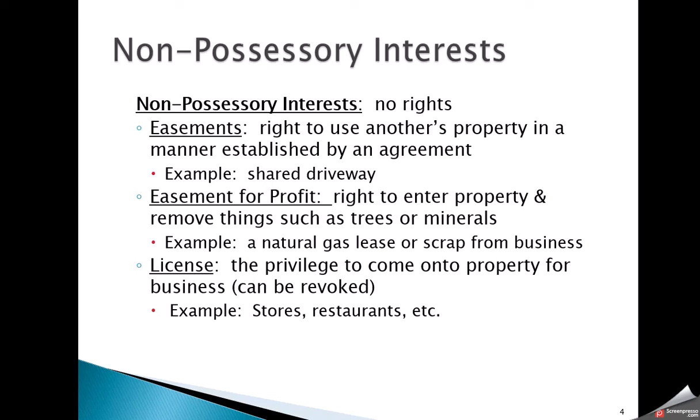An easement for profit is the right to use a piece of property for some sort of profit. An example that I have is a natural gas lease. I worked at an oil and gas company. We didn't own any of the land that our gas wells were on.